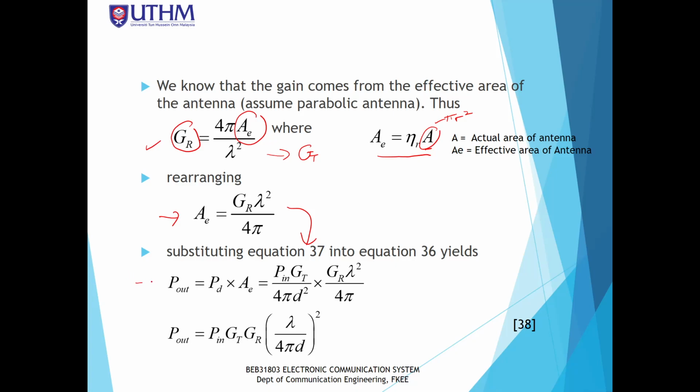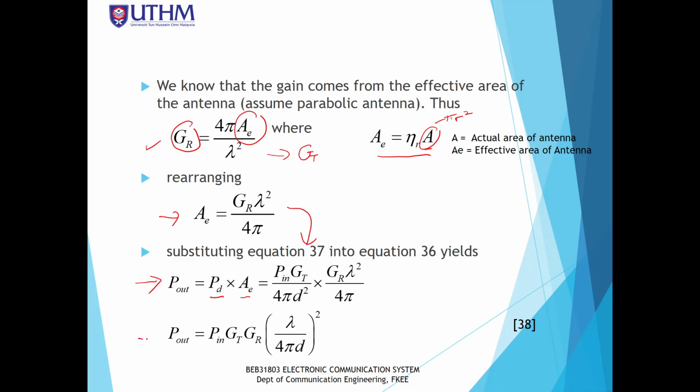So P out, the output power from the receiving antenna, is equal to the power density multiplied with the effective area of the receiving antenna. So you're going to get P in multiplied with GT divided by 4 pi d squared, multiplied with GR lambda squared over 4 pi.